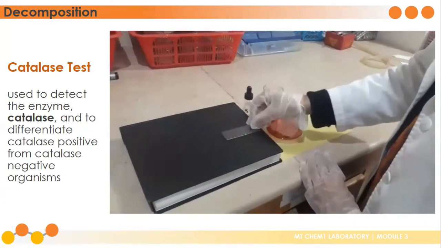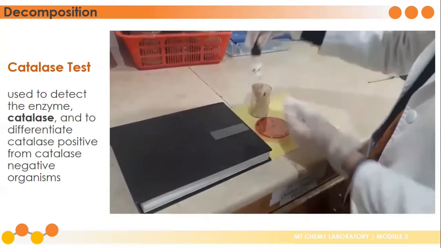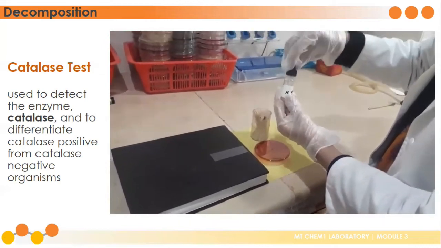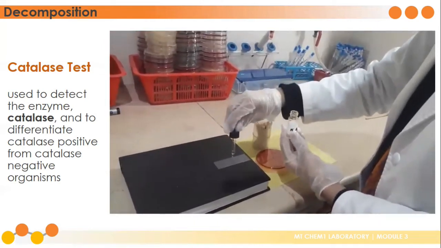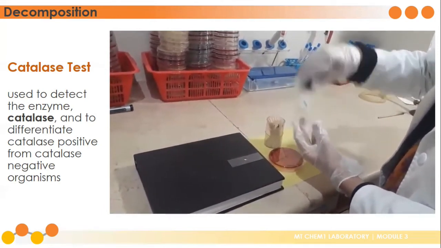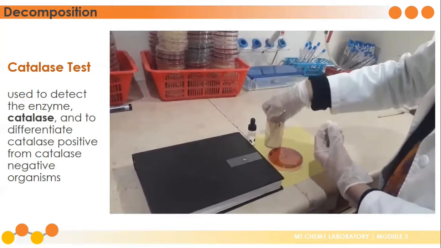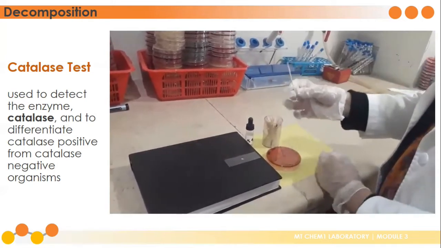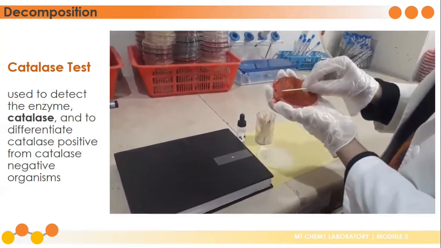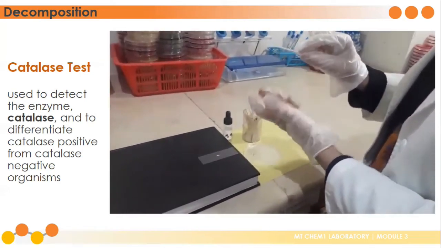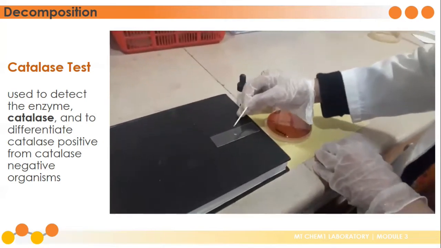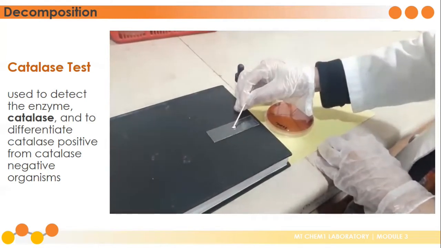First, we will be preparing the glass slide. And then you will be using hydrogen peroxide, just like what we used in our setup C. You just need to put a droplet of the hydrogen peroxide. Again, this will serve as an indicator if the organism produces catalase or not. Using a wooden stick, you will get a colony or a sample of microorganism from the milieu, and then you will simply introduce it to the droplet of hydrogen peroxide.